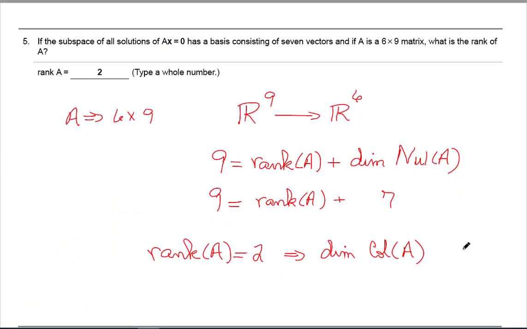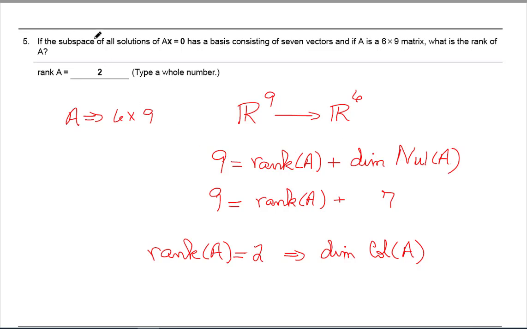All right, in question 5, what do we have? We have A is 6 by 9. So A is going from R9 to R6. So here's my dimension of 9. We know that the rank of A plus the dimension of the null space, that sum must be 9.